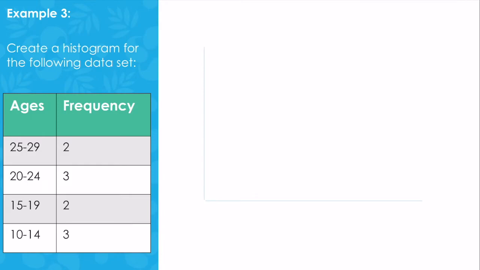I can then use this information to make my histogram. So I need to label my axes. This is age of siblings, age, and I'm going to go ahead and label it years. When kids are little, they say like 18 months. I don't get it, but somebody does. Okay, we've got 1, 2, 3.